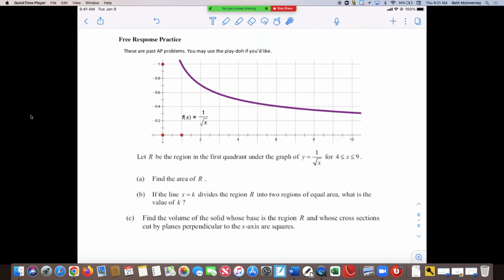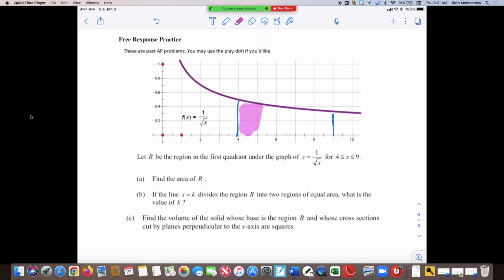I have 3 free response questions that I thought we could look at. In this first one, f of x equals 1 over the square root of x, and it says let R be the region in the first quadrant under the graph from x equals 4 to x equals 9.